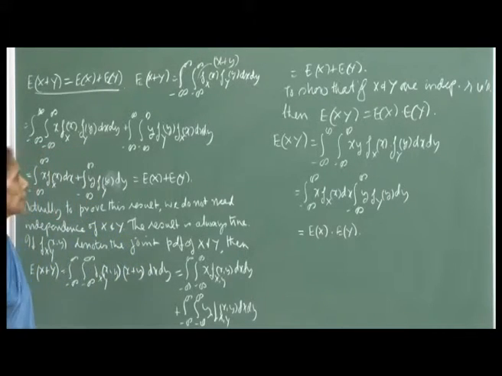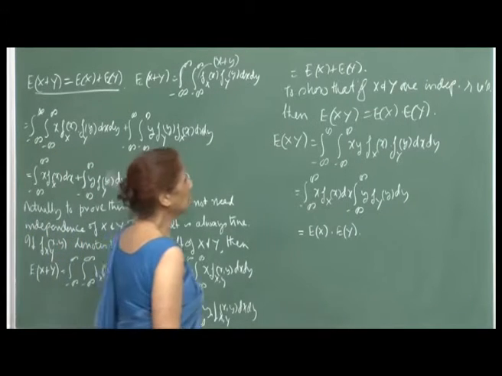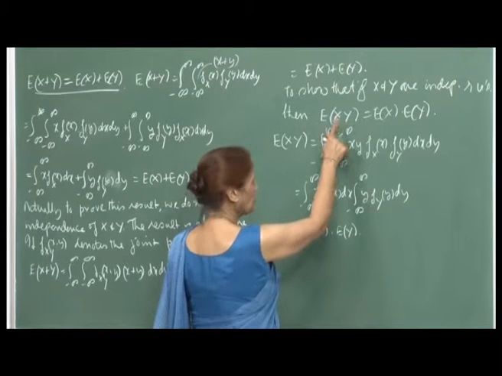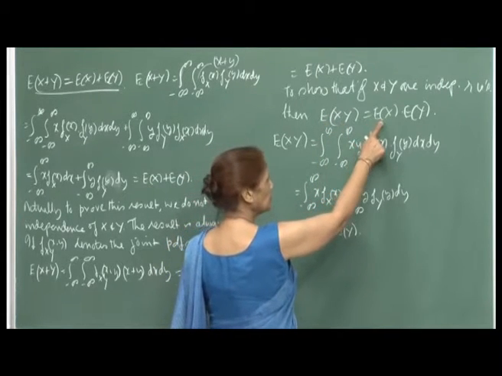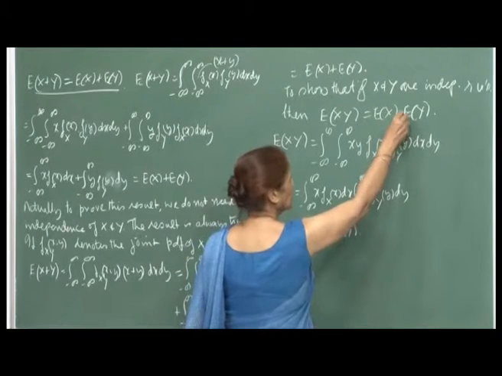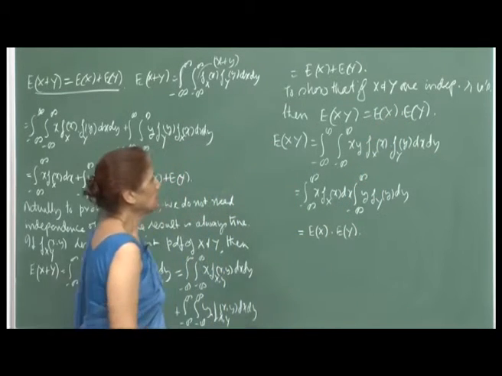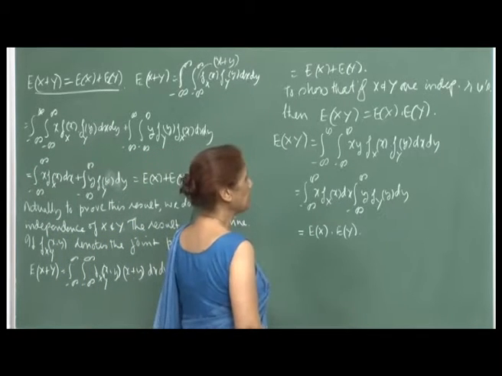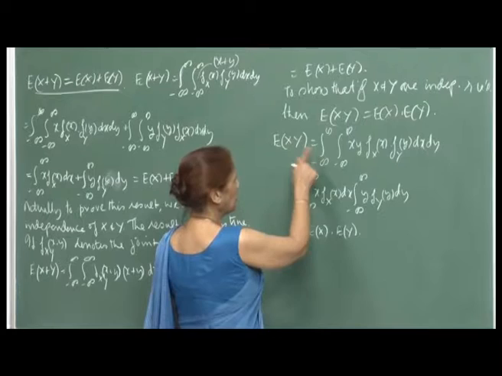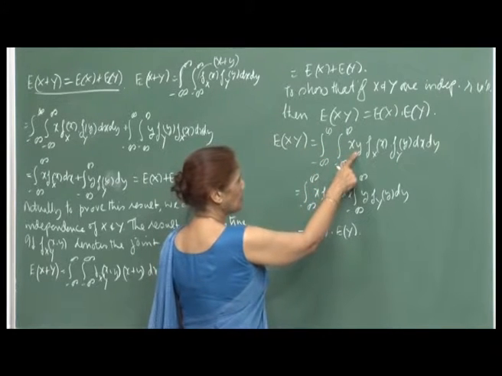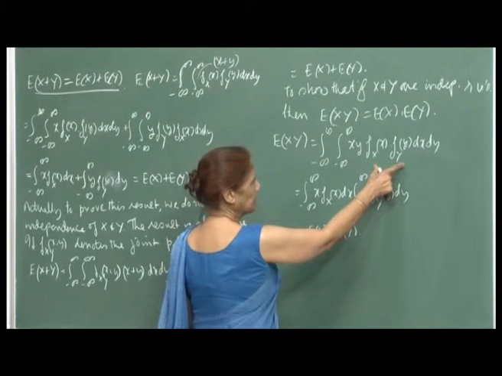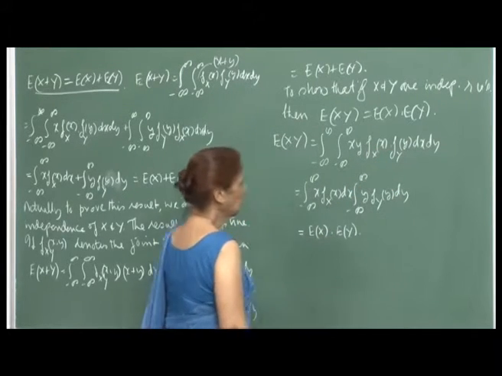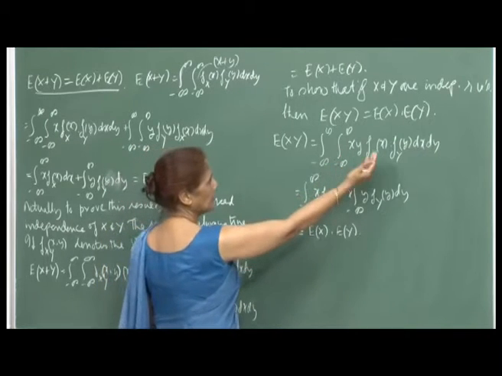But under independence we can show another result, which is that the expectation of x y, the product of x and y, is actually the product of the expectations. So, this is E x into E y, and for this I will need independence, because now I will write E of x y as the double integral of x y, and the joint density can be written as the product of the marginals, so f_X(x) into f_Y(y) dx dy, and now here again I can separate out the integrals.